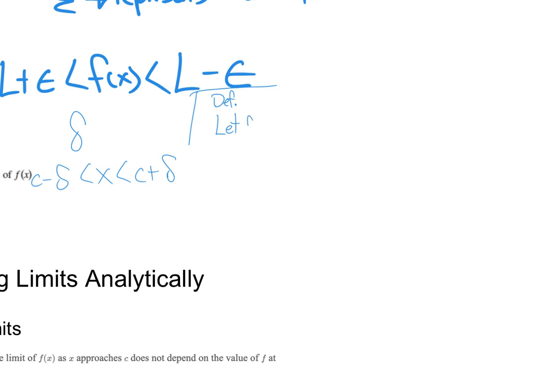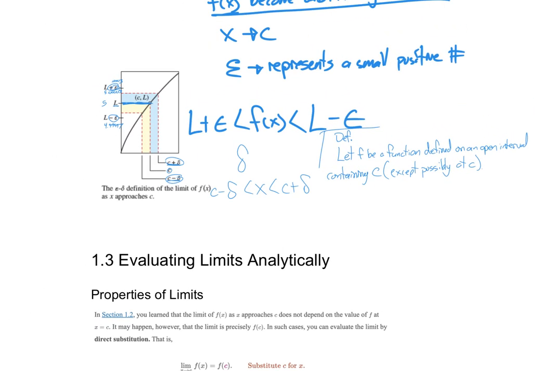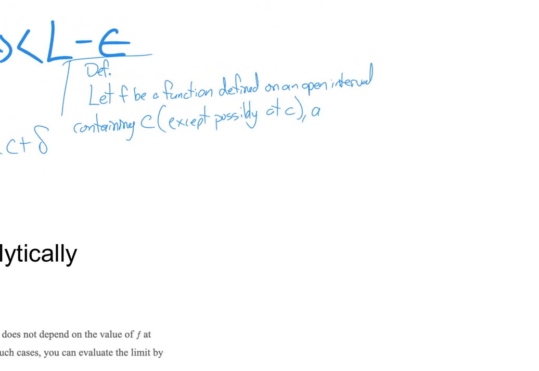So we're going to say let f be a function defined on an open interval containing C, except possibly at C. All this says is we have a function that's defined over this open interval, which doesn't have to be very big, containing C, except it may not be defined at C. And let L be a real number.